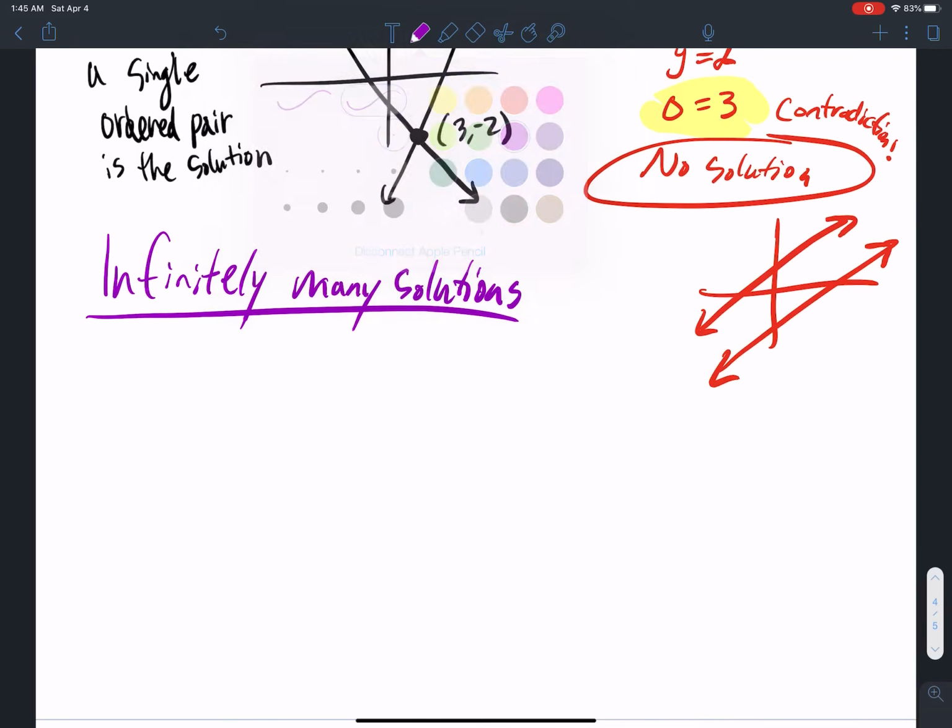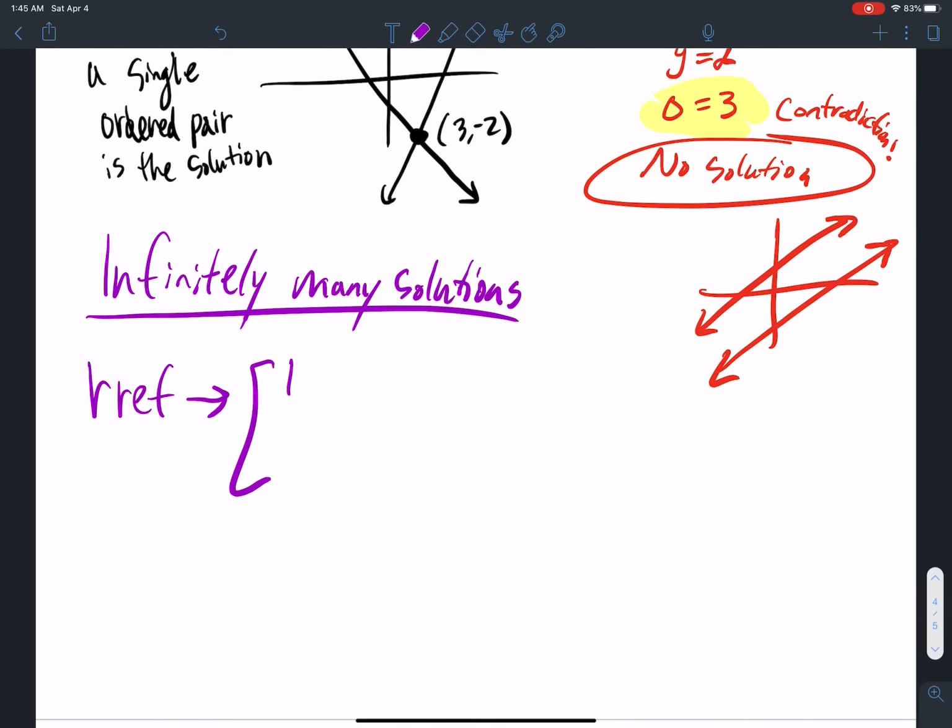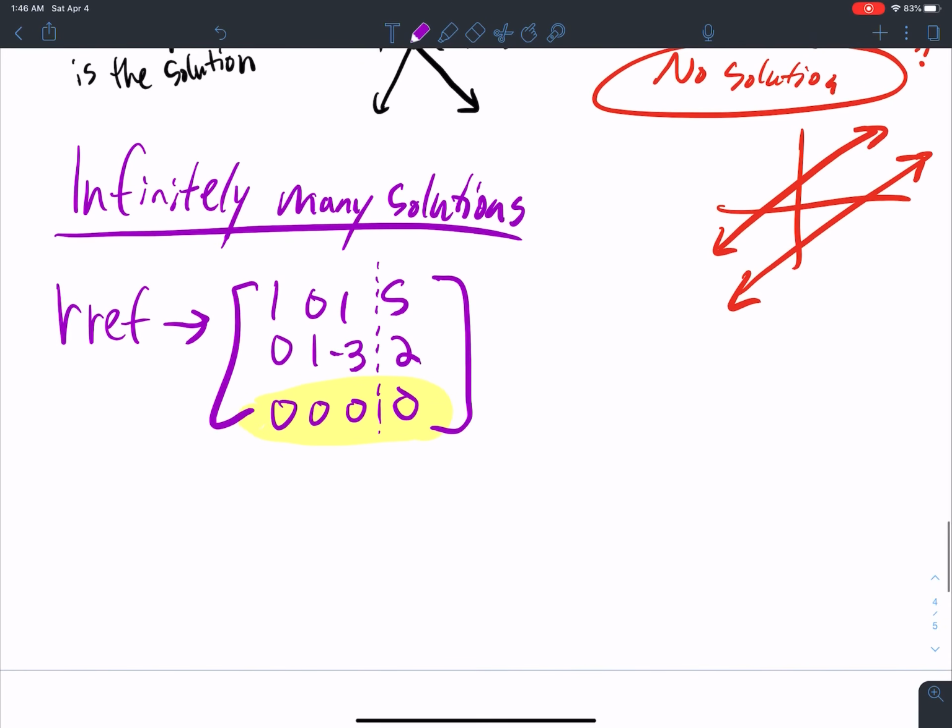Okay, so infinitely many solutions. This would be like if I RREF'd and I get 1 0 1 5, 0 1 minus 3 2, and then 0 0 0 0. If you get something where you have a row where they're all zeros, does this contradict anything? Well, let's see, X, Y, Z. Okay, and then your number. So I have 1X plus 1Z equals 5.